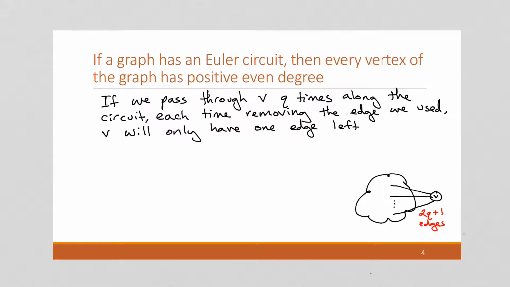And we will be at a different vertex, right? Just as I showed in our example. Because we went through V Q times.